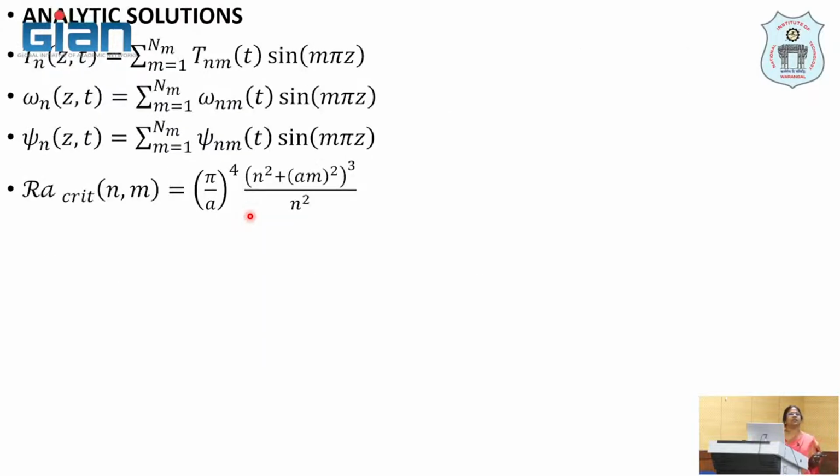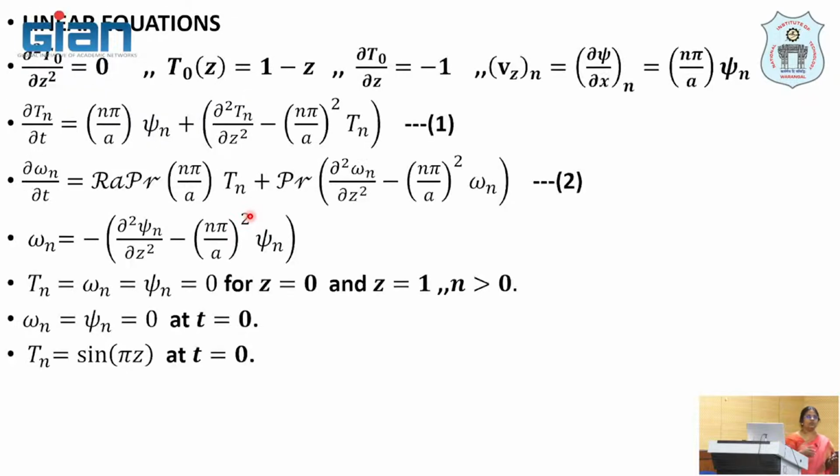If we do the analytical solutions, we will get the critical numbers. Once we finish this Fortran code, we will move to the analytical solutions, that is finding the critical Rayleigh number, if time permits. First we will do this one. The linear code is available, we will do that.